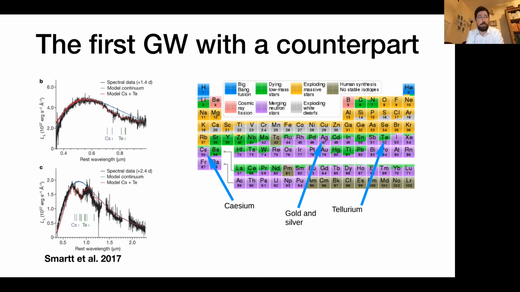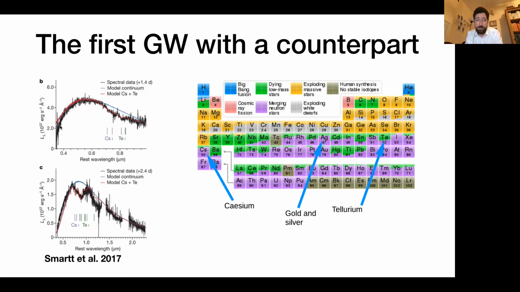And what you can see in the left-hand side here are two spectra that we took of the counterpart to this gravitational wave. And the black line here is a spectrum, this sort of noisy black line. On the vertical axis is just the amount of light we've received, and on the horizontal axis is the color of the light. So blue light is over to the left, red light is over to the right.